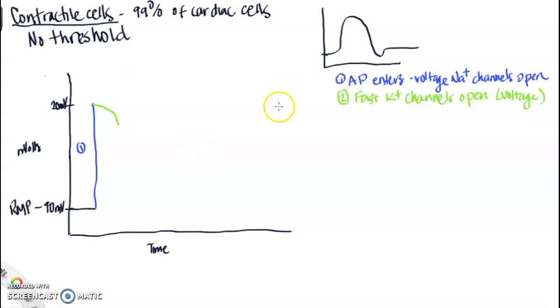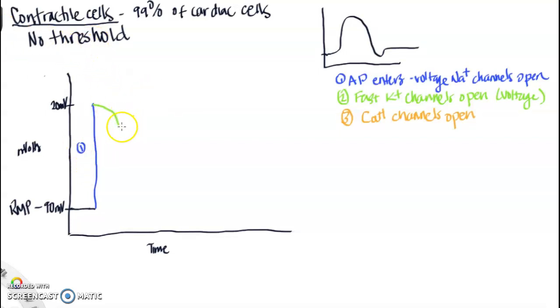But as that happens, we get something else occurring. And as that occurs, calcium channels open. The calcium is from the outside, not the inside. So now we've got positive ions coming into the cell again, just like depolarization.